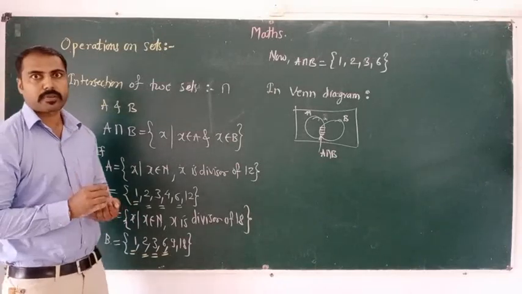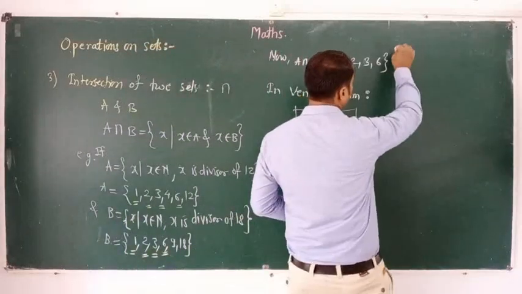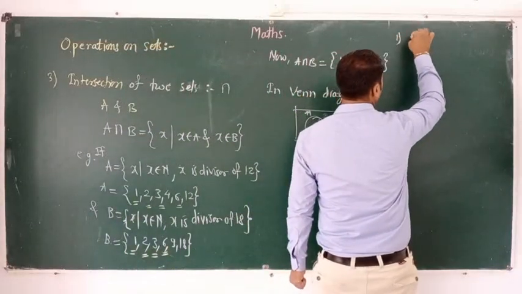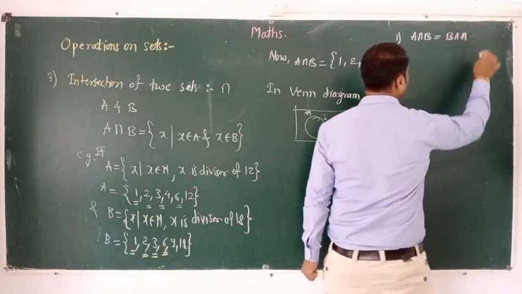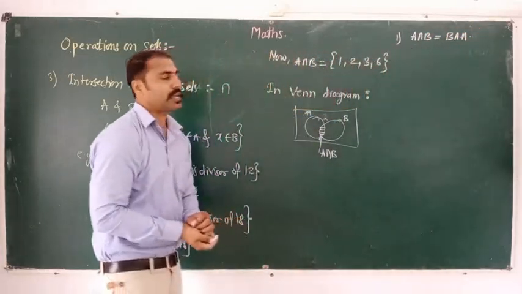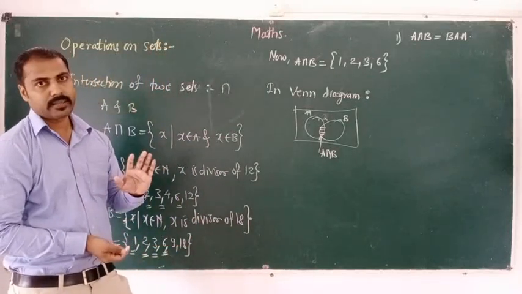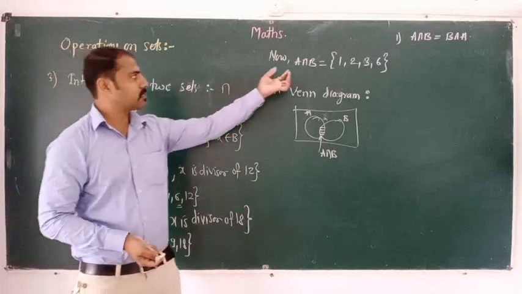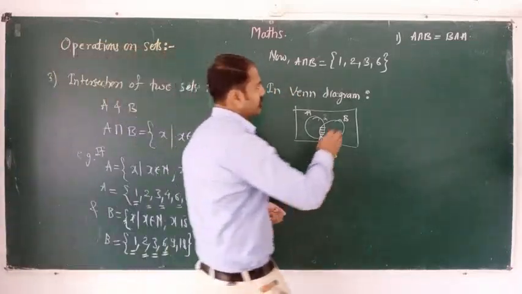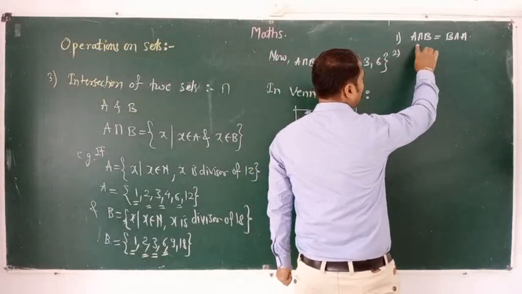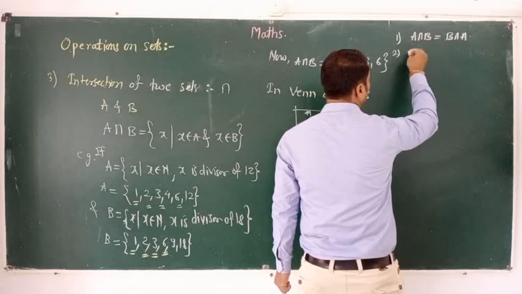There are some properties of intersection of two sets. First property is A intersection B and B intersection A both are the same. The second is that intersection is commutative.